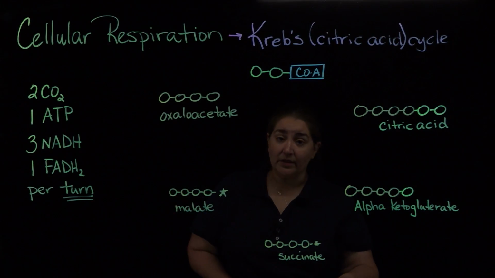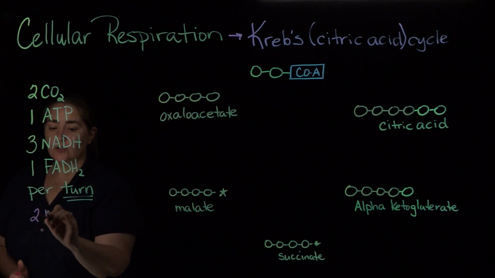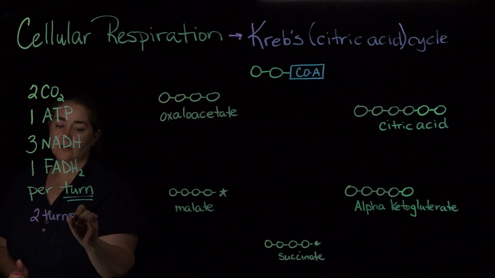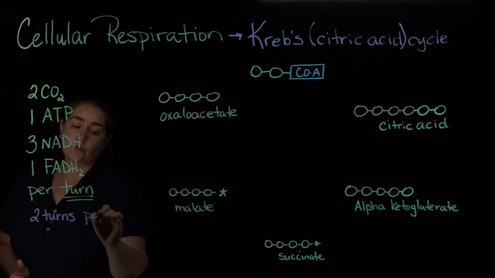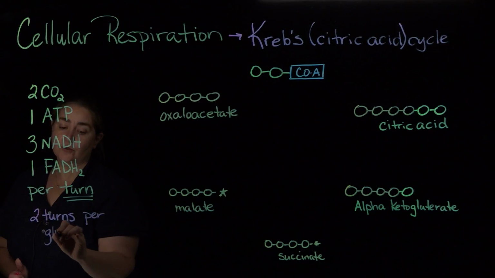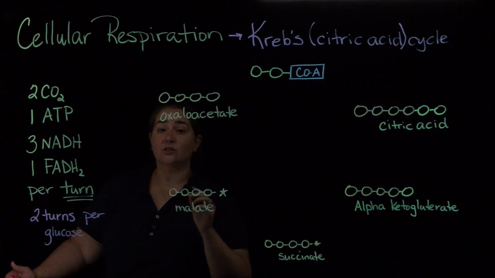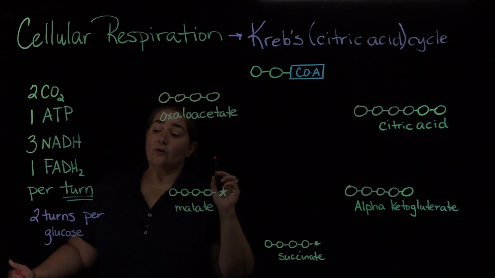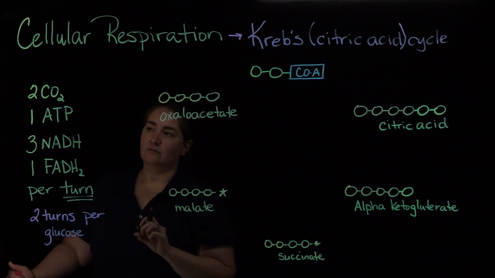Okay, one thing to keep in mind, we get 2 turns of the citric acid cycle per glucose. So if I ask you how much of each product are made for 1 glucose molecule, you would double each of these, okay?